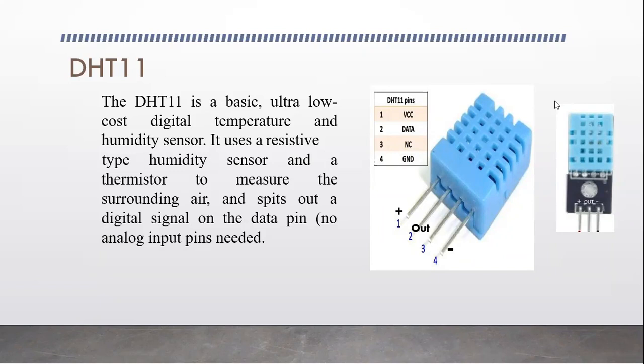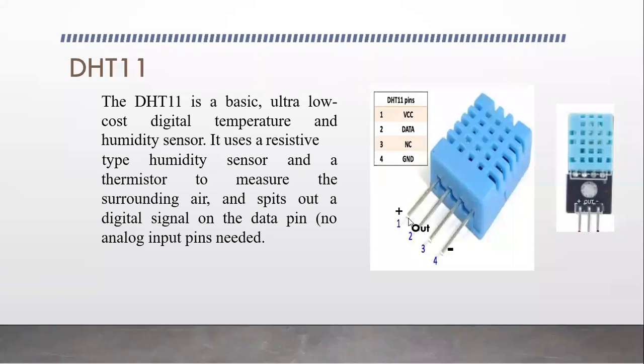Inside of the sensor, you have two things, guys. One is a thermistor, which depends upon the outside temperature. Based upon the outside temperature, your resistance would vary, and you would get the output.